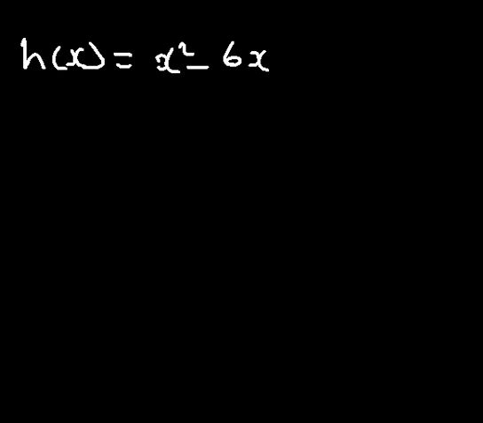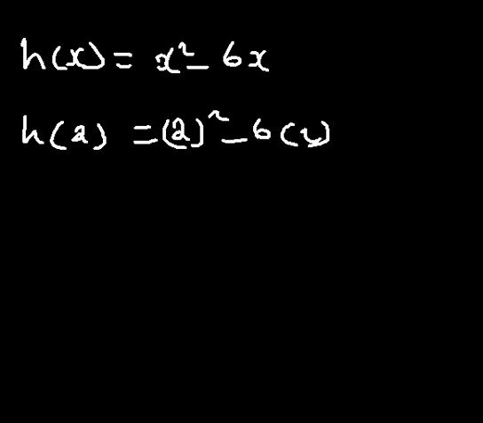Now what is h of 2 for the function? 2 is the input of the function, so we'll have 2 to the power 2 minus 6 times 2. We'll have 4 minus 12, which gives negative 8.